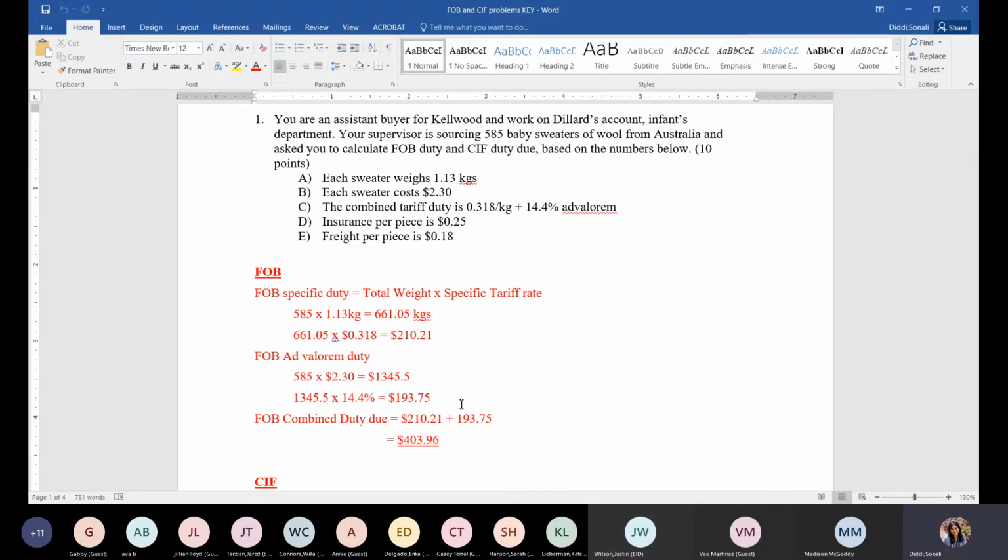So that's about 0.7-ish. So I would have to add 2.3 plus 0.7 as my cost for each FOB, just including the duty.